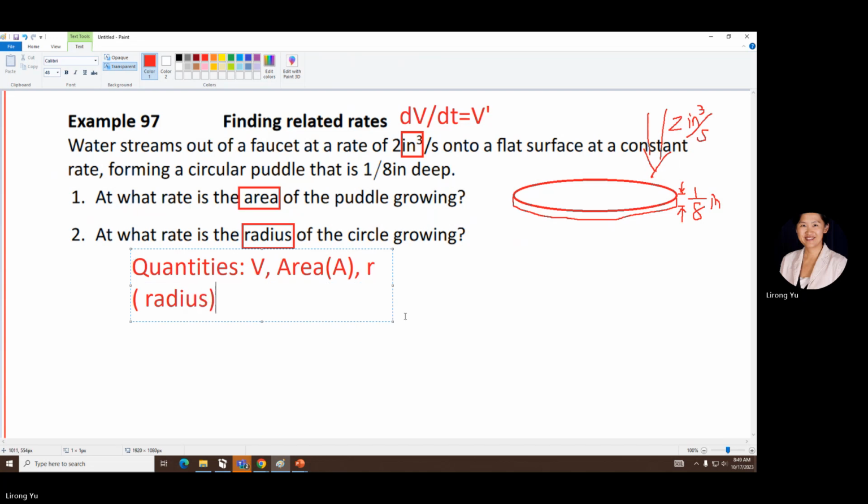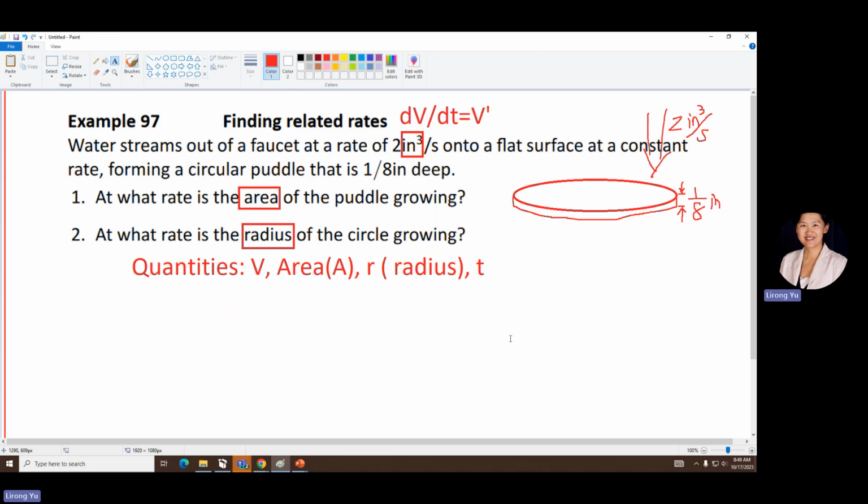All right, we did try to find a relation of all these quantities in relation to time. Here is what I found. Now let's try to list any quantity that was mentioned in the question, and then try to find the relation.